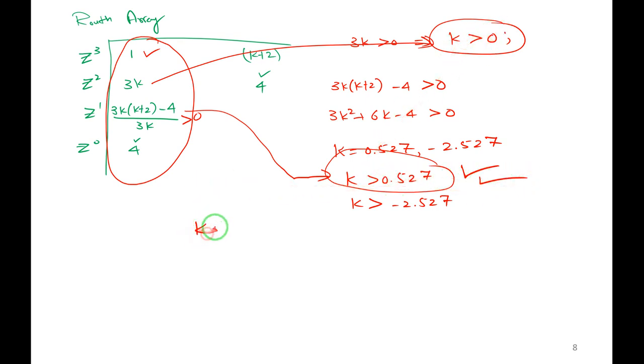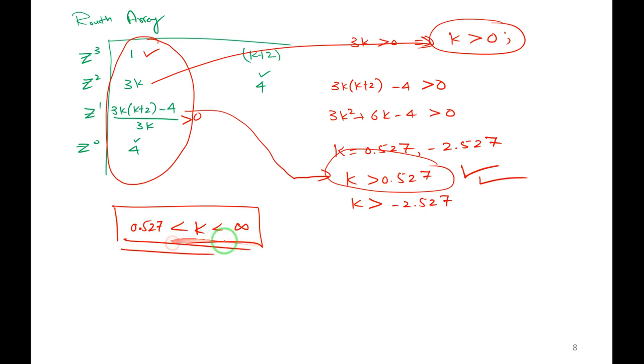So the range of values of k should be greater than what? It is greater than 0.527, but it should be less than infinity.